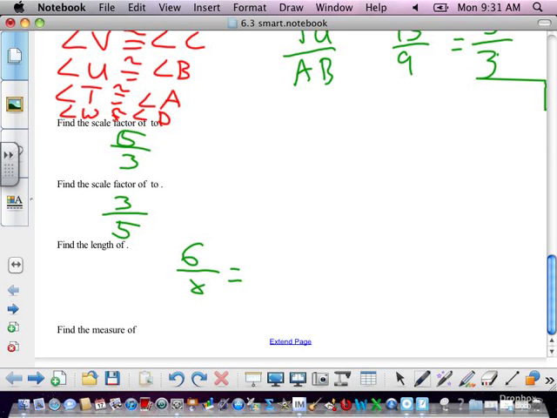First one. So I cross multiply. 3 times 6 is 18, which equals 5x. Divide both sides by 5. 5 goes into 18 3 times with 3/5 left over. Is that right?